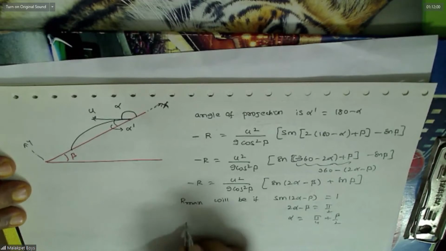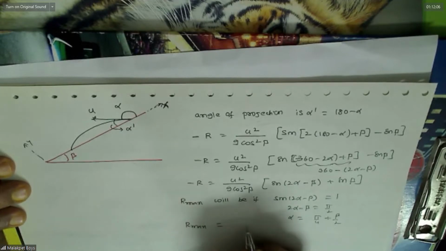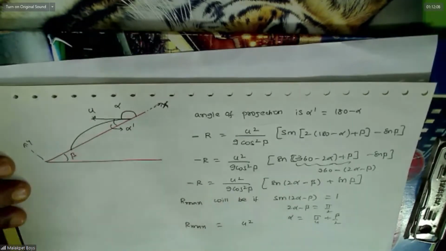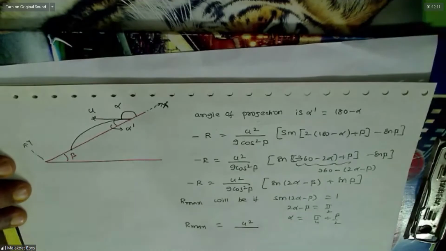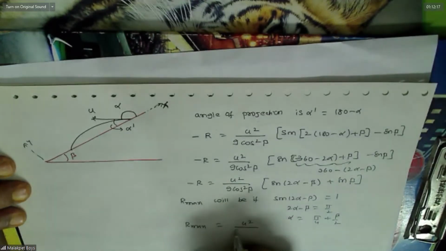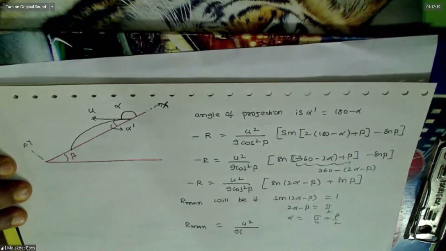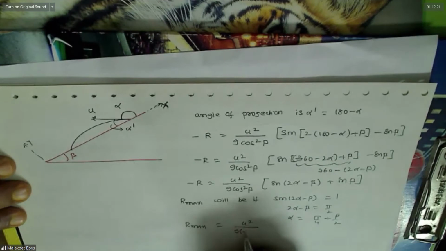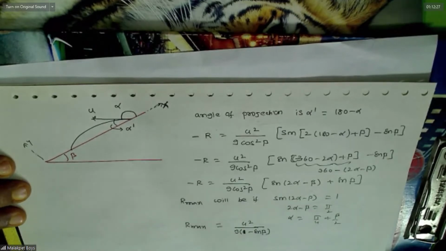Great. And what is R max you get here? You will get 1 minus sine beta. Check up if you want.